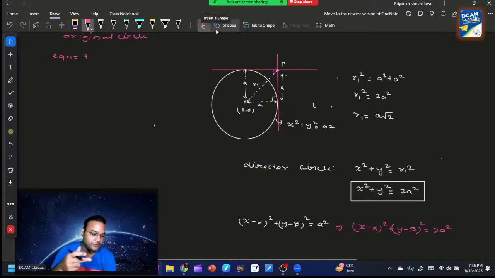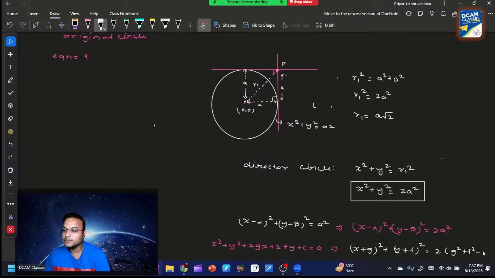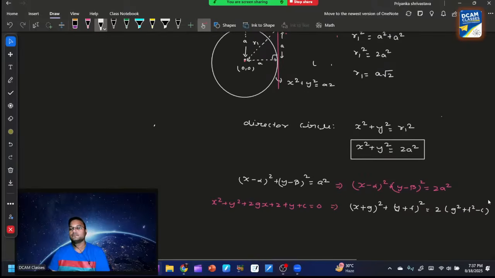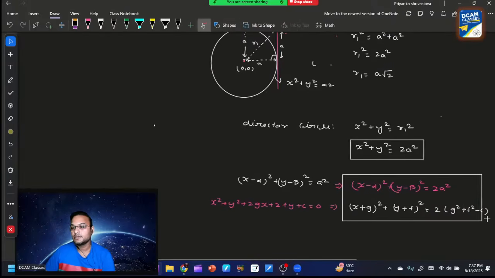If the equation is of a different type, say x square plus y square plus 2gx plus 2fy plus c, in that case it is simple. You can find it using this: x plus g whole square plus y plus f whole square is equal to 2 into (g square plus f square minus c). This is how you find the equation of director circles.